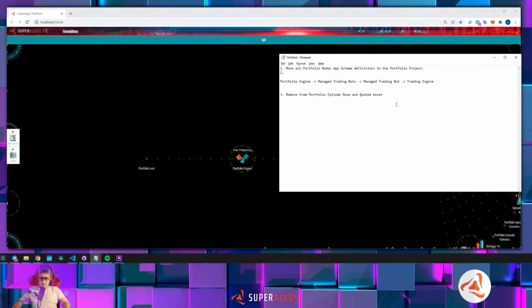Then we will need the portfolio new children of. We will need portfolio engine also to have a child called risk management.